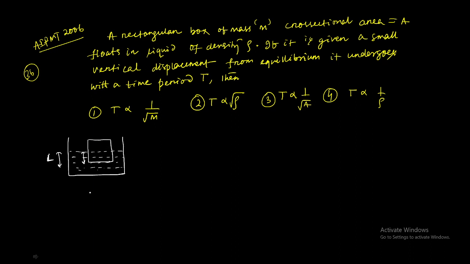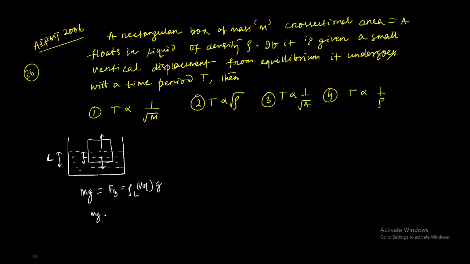So first, the equilibrium condition here: mg is equal to the buoyancy force. This is mg, and there will be a buoyancy force. The buoyancy force value is known to you: it will be the density of the liquid, rho L, into the volume of the solid which is submerged in the liquid, into g.